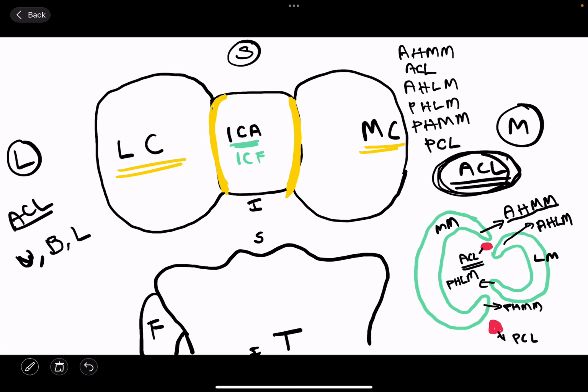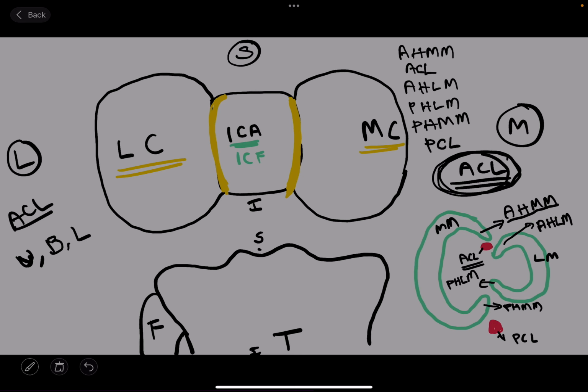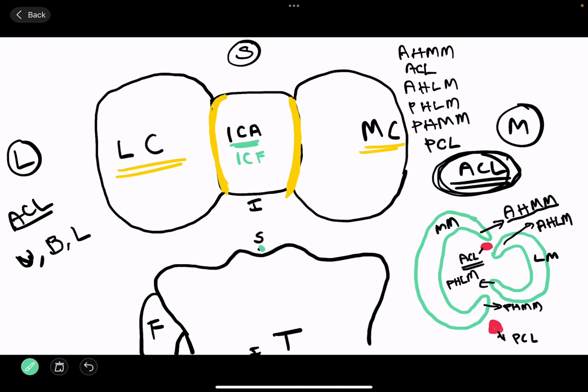If I were to draw the anterior cruciate ligament, it goes from the intercondylar area of the tibia. It passes upwards, backwards, and laterally. So it goes in this direction, and this would be your anterior cruciate ligament.